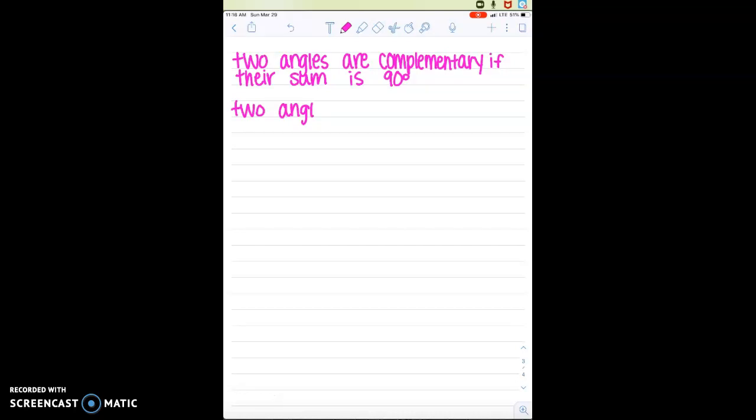So two angles are supplementary if their sum is 180 degrees. So like I said, just like I did up at the top, I'm going to highlight supplementary and 180 degrees because we really want to be clear on which word goes with which angle measurement because you don't want to make the mistake of pairing them with the wrong one, because this definitely will be showing up on K-Prep, on your MAP test, on everything.